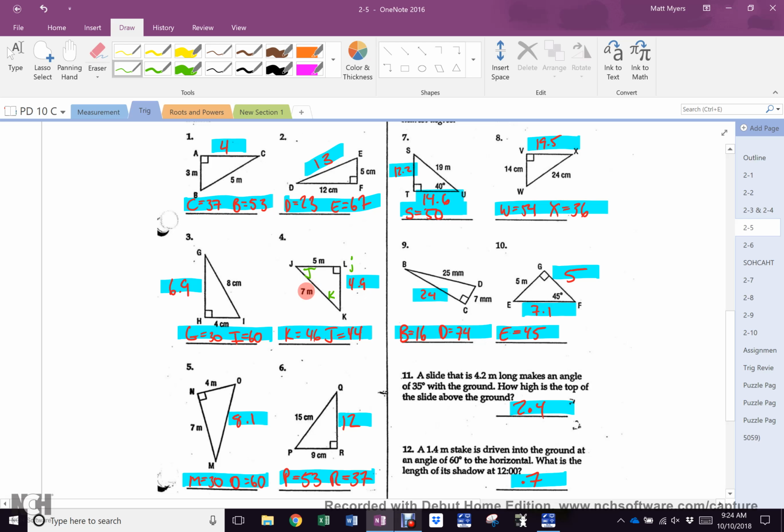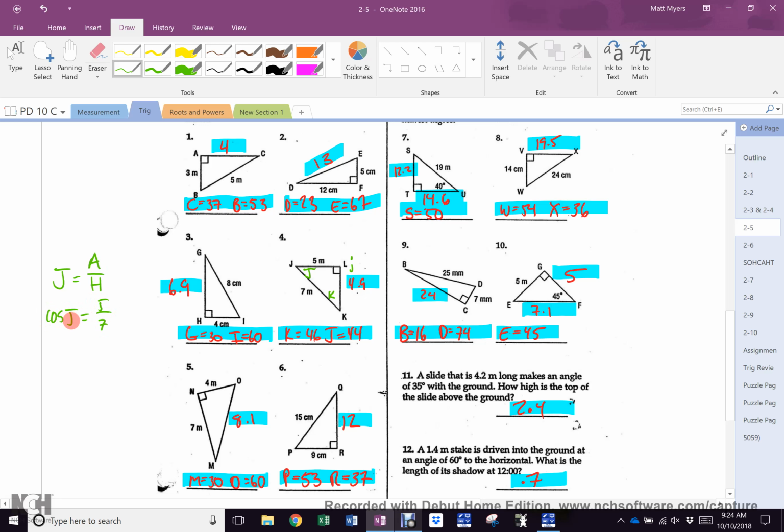No. But I have a hypotenuse and one side, which means for big J, I have a hypotenuse and the adjacent side. What uses A and H? Cos. So the cos of J is adjacent 5 over hypotenuse 7.